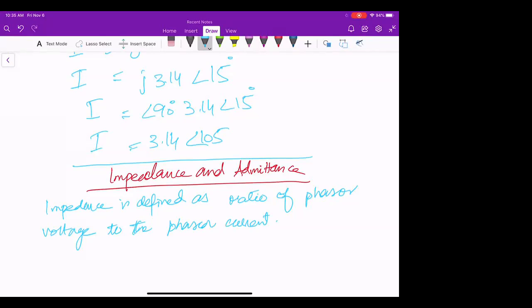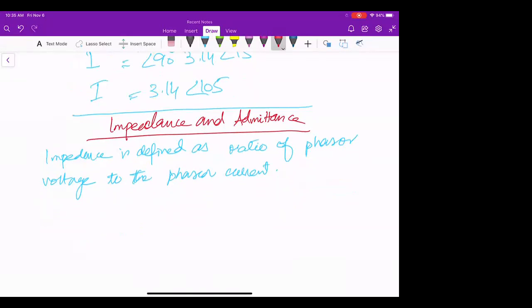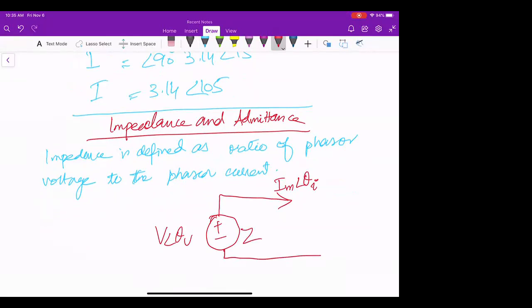If I just write it like this and draw a circuit, if this is your AC voltage source, and this will be your AC current, you will have this equivalent resistance, or sorry, not resistance, impedance. Why can I not say resistance? Because impedance can have a reactance in it. So that's why I cannot just say resistance, it's an impedance.